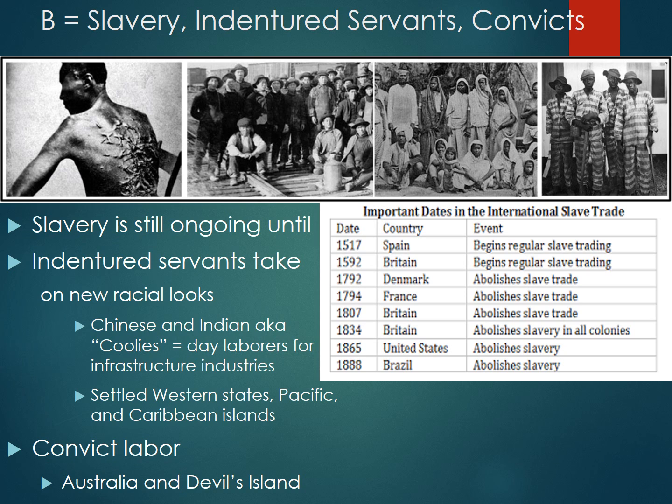And a lot of this migration moving back and forth is going to help settle places like the Western states, the Pacific Islands, the Caribbean islands as well. You see a lot of the Chinese and Indian labor movement into these places. So in a way, you're not typically thinking of these groups of people moving to these areas like the Pacific and the Caribbean and the Western states, but lo and behold, Chinese laborers moved really heavily into California and the West.